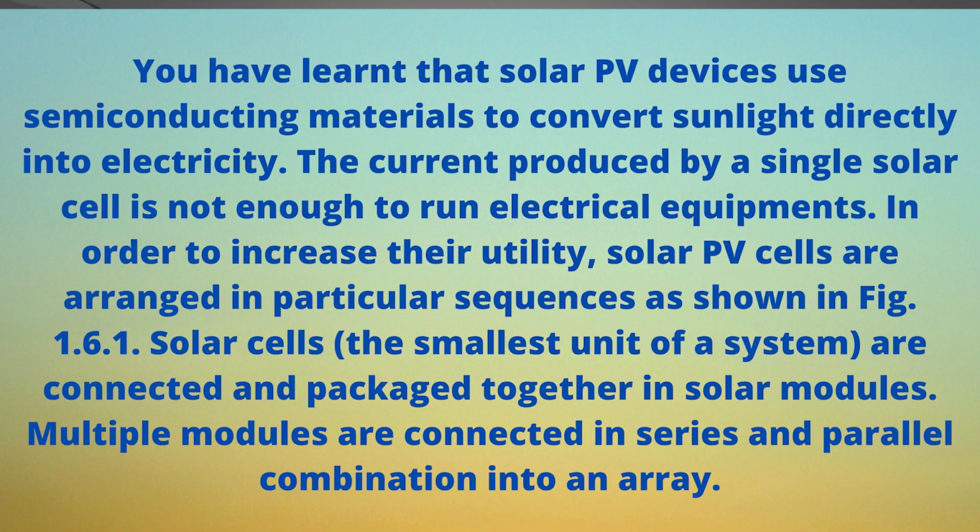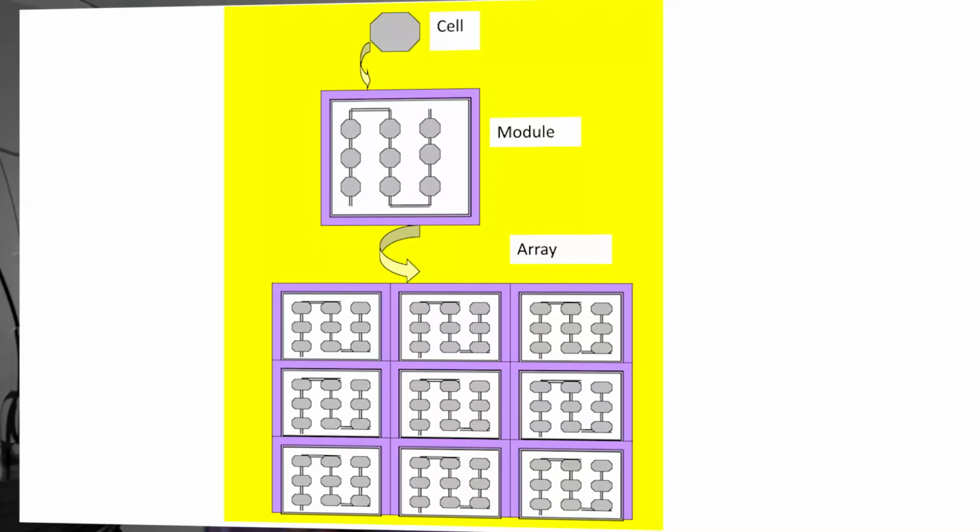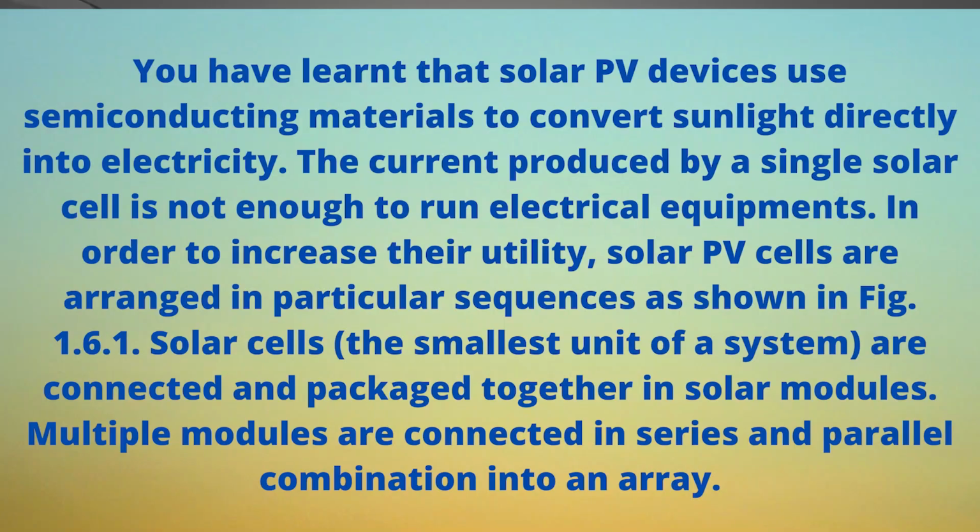In order to increase their utility, solar PV cells are arranged in a particular sequence as shown in the figure. A solar cell is basically the smallest unit of a system, and cells are connected and packaged together in solar modules. Multiple modules are connected in series and parallel combination into an array.